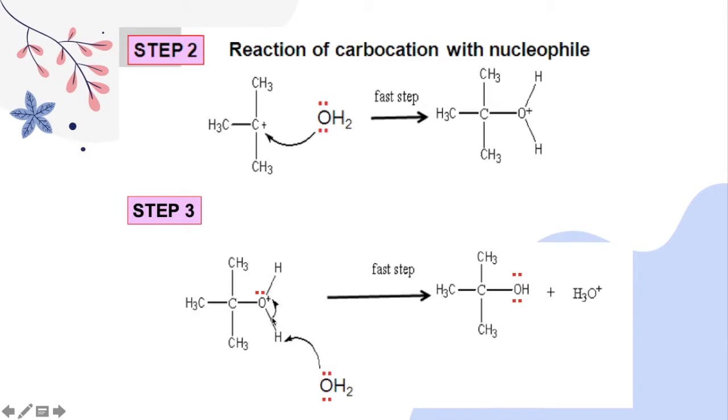We know that when this nucleophile uses its lone pair to form a bond with carbon, it leaves the oxygen positive, meaning electron deficient. And another nucleophile compound, water, the same nucleophile, uses its lone pair to form a bond with this hydrogen.